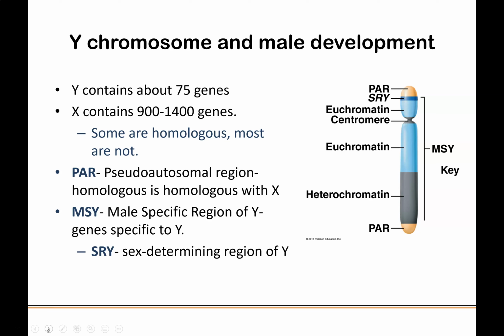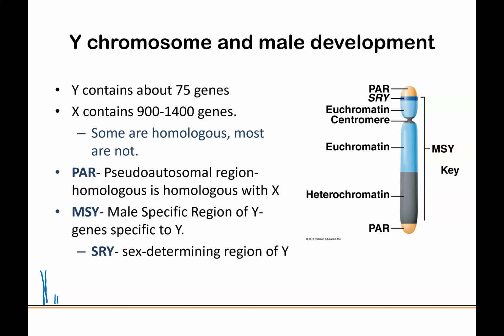So let's talk about this Y chromosome and why it is so important in male development. You might recall from previous karyotype images that the X chromosome is quite large. The Y chromosome is quite small. The Y chromosome only contains about 75 genes compared to the X chromosome that contains over 1,000 genes.